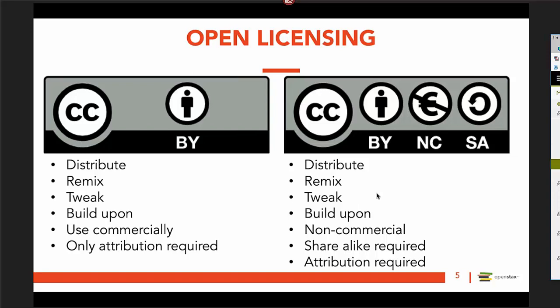He has done 4 courses where he's taken the OpenStax textbook, some of our ancillaries, some of his own material, and he's developed Canvas shells, Canvas cartridges, whatever you call them. They're used at West LA, and he did that for economics, psychology, chemistry, and sociology, which are 4 courses where they've adopted OpenStax books at West LA College.